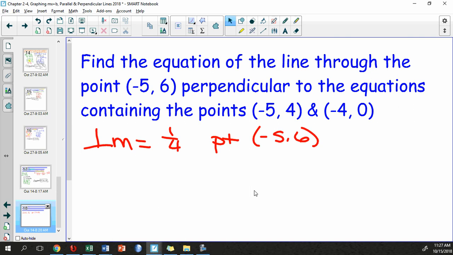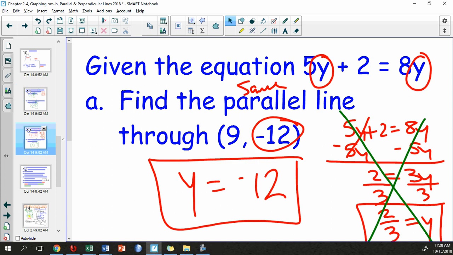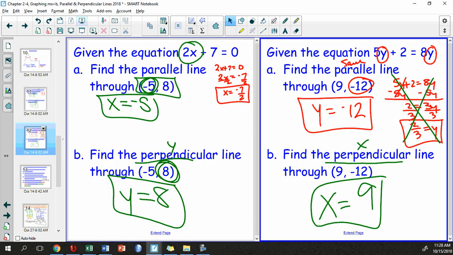Okay, turn it over to problems 10 through 17. Guys, I really want you to think about this a moment, okay? If there's only one letter in the problem, we're talking about these scenarios right up here. So if there's only an x in the problem and it asks for parallel, then it's going to be x equals a number.